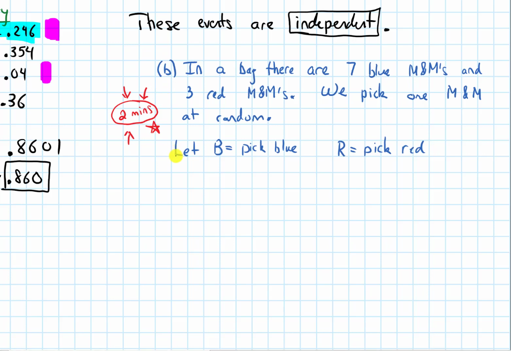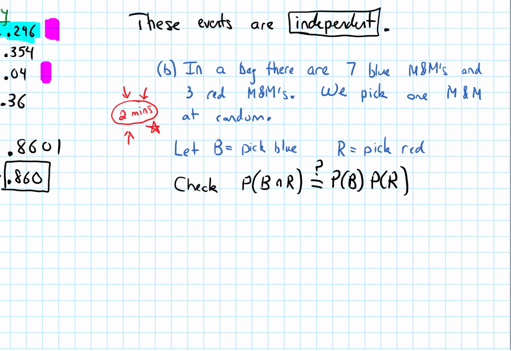All right, so hopefully you did that. Hopefully you paused it and tried this one for 2 minutes. Let's talk about this together. So this time we are going to check if the probability of B intersected with R equals, question mark, the probability of B times the probability of R occurring. Okay, so let's think about both sides.